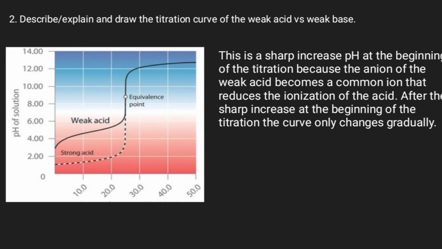Describe, explain, and draw the titration curve of the weak acid versus weak base. Weak acid: there is a sharp increase in pH at the beginning of the titration because the anion of the weak acid becomes a common ion that reduces the ionization of the acid. After the sharp increase at the beginning of the titration, the curve only changes gradually.